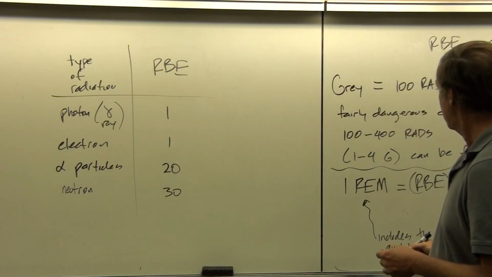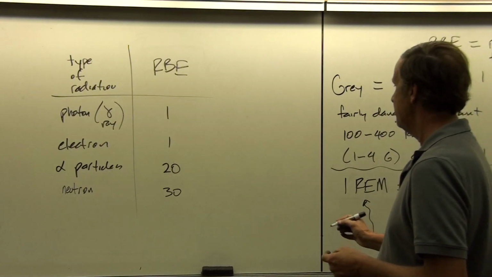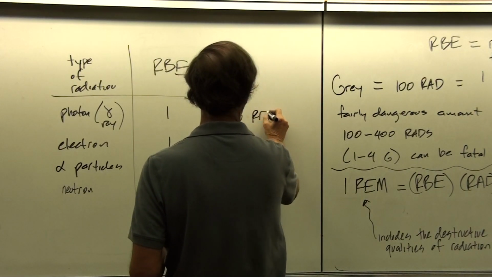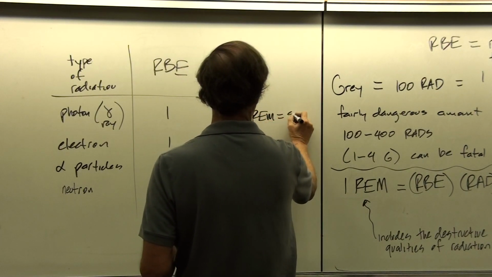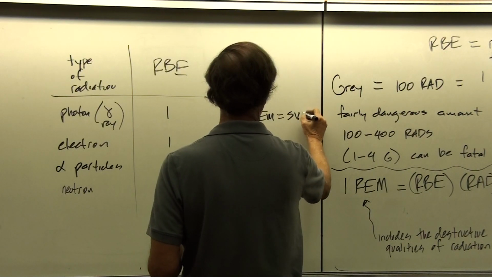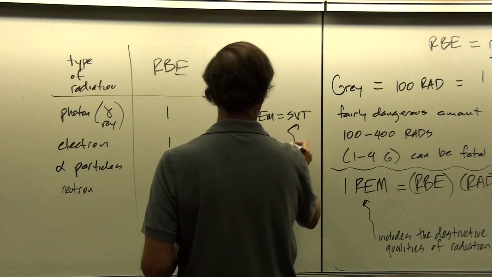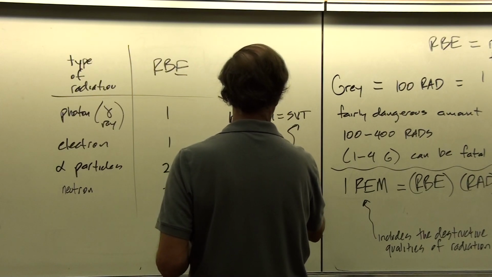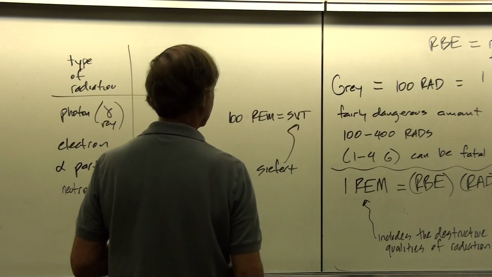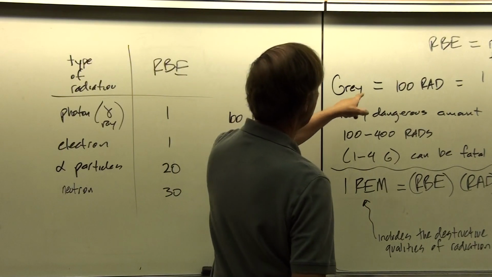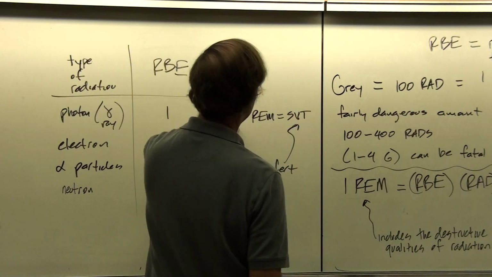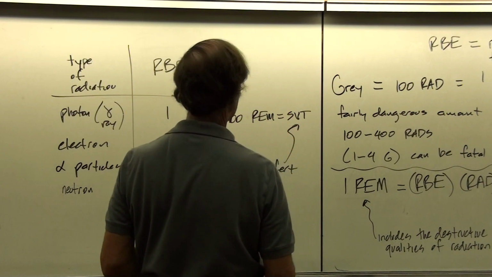And then 100 REM equals a Sievert. So Sievert then is kind of the equivalent of a gray in RADs. 100 RADs makes a gray, 100 REMs makes a Sievert.